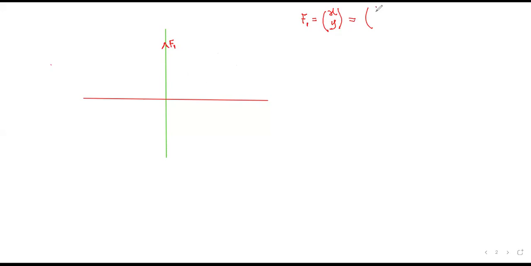So 0. Okay. What about the vertical component? The vertical component is your whole height, F1. Giovanni, are you okay? Yes, sir.